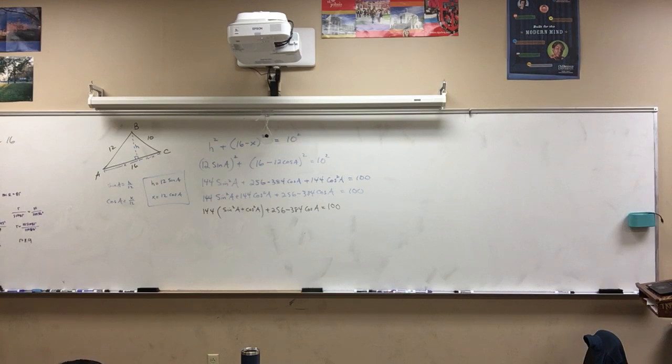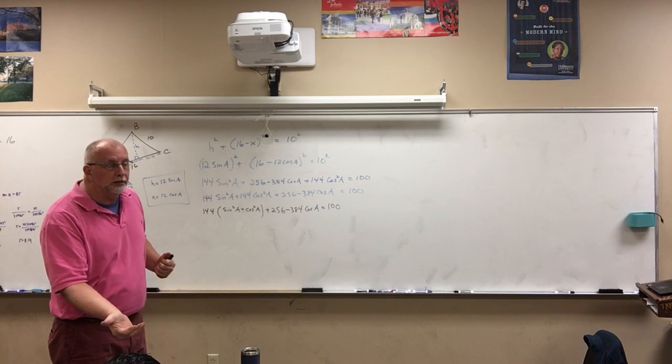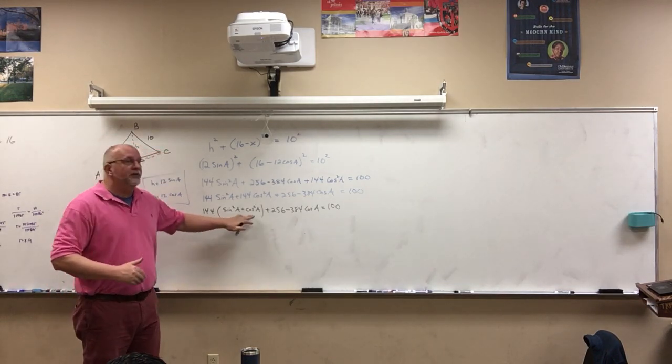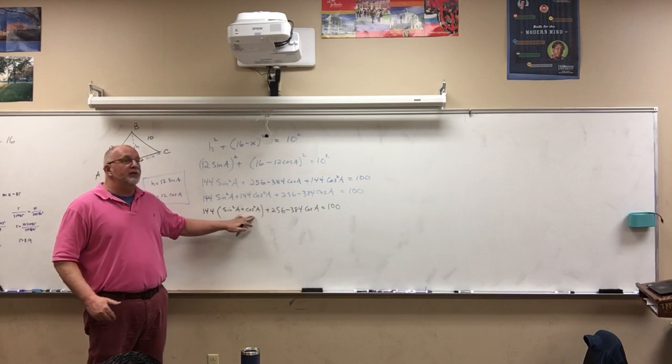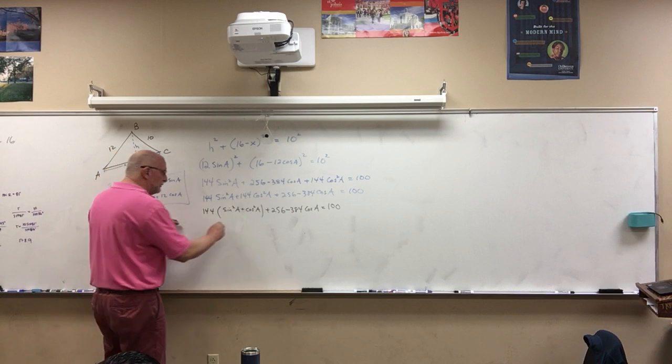Anybody remember about sine squared A plus cosine squared A? Let's go back to the unit circle. x squared plus y squared equals 1. That's the definition, right? Isn't x equal to cosine and sine equal to y? Wouldn't that give me sine squared plus cosine squared? So sine squared plus cosine squared is equal to 1, so 1 times 144 is 144.